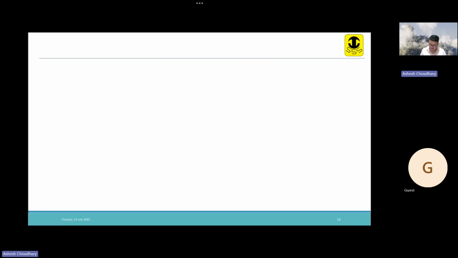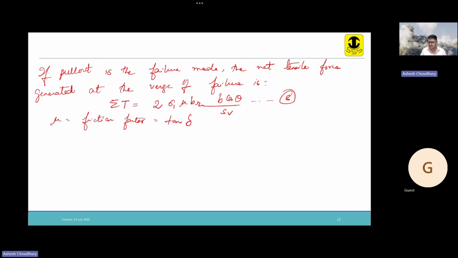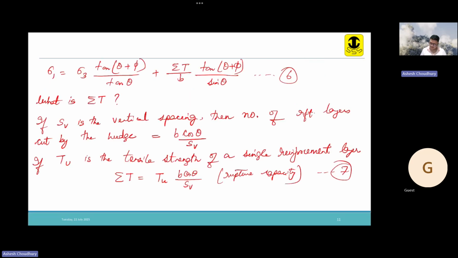Now there are two cases. If there is rupture failure and if there is pull out failure. So we got two options here. What is summation T?